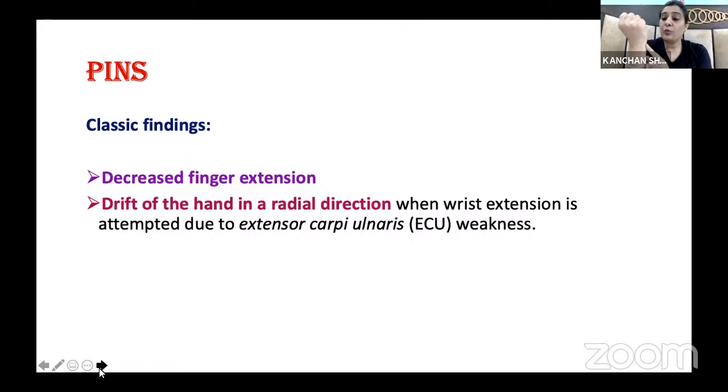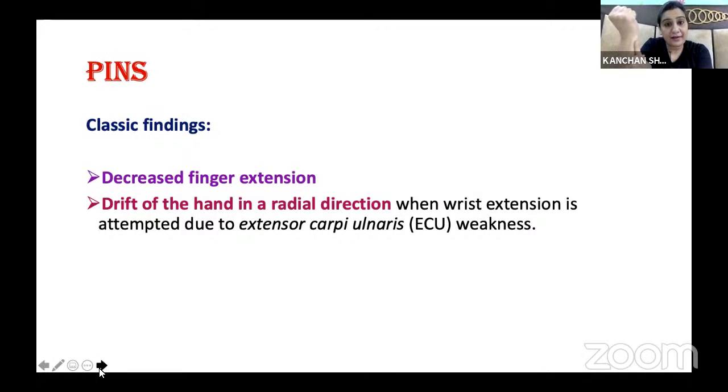The patient will have deviation of the wrist towards the radial direction. Why? Because the extensor carpi radialis longus, the branch from the radial nerve, is given off above the radial tunnel.